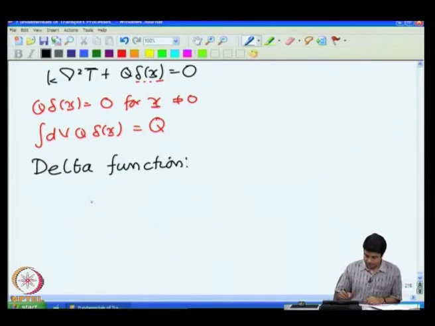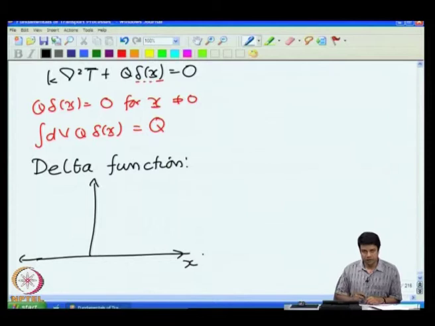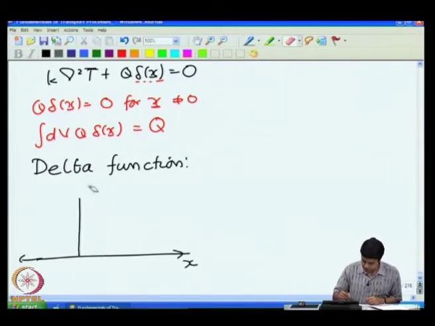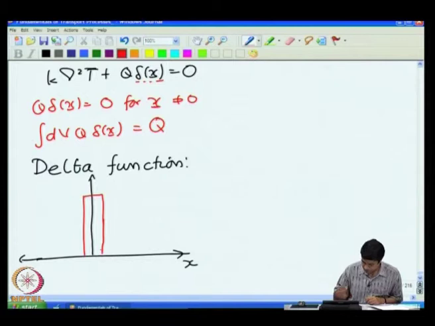In one dimension, this is x. If I take a function that looks like this, a function that looks like this.